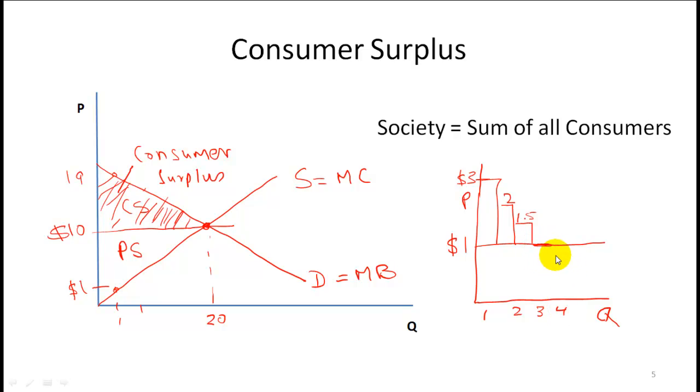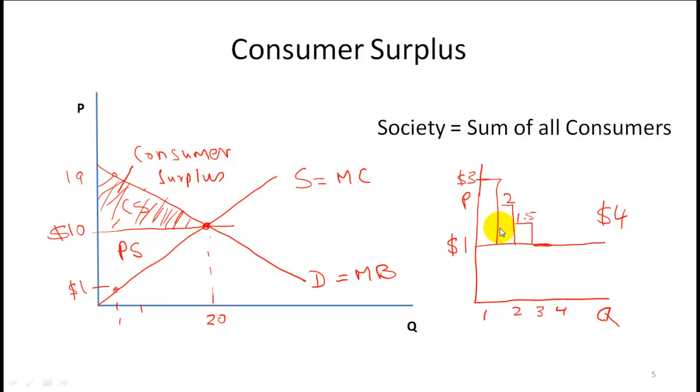So you consumed 4 soft drinks, and how much did you pay? For the 4 soft drinks, you paid $4 because the market price is $1 per soft drink. But how much were you willing to pay? You were willing to pay 3 for the first, 2 for the second, $1.50 for the third, and so on. So you were willing to pay a whole lot more.